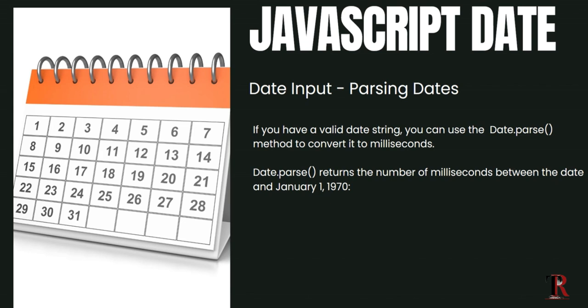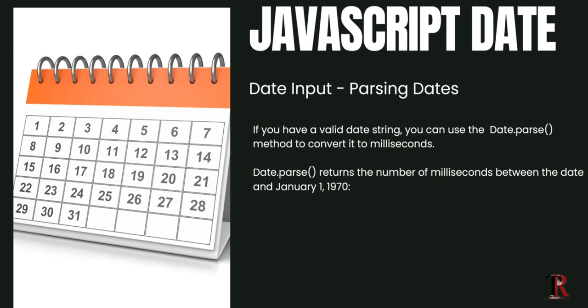Basically, Date.parse allows us to convert a valid date string to milliseconds. It returns the number of milliseconds between the date that you are passing and January 1st, 1970, which is a reference from where computers count time.